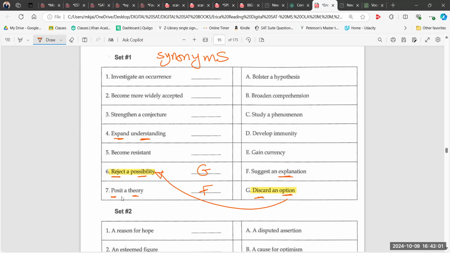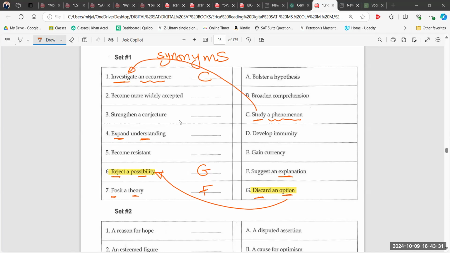Yeah, a theory. Okay. Posit a theory. Yes, Iyad. I think investigate an occurrence will be study a phenomenon. Love you. Yes. What's an occurrence? Something that occurs. That's a phenomenon. You want to investigate it, you will study it. Synonyms.